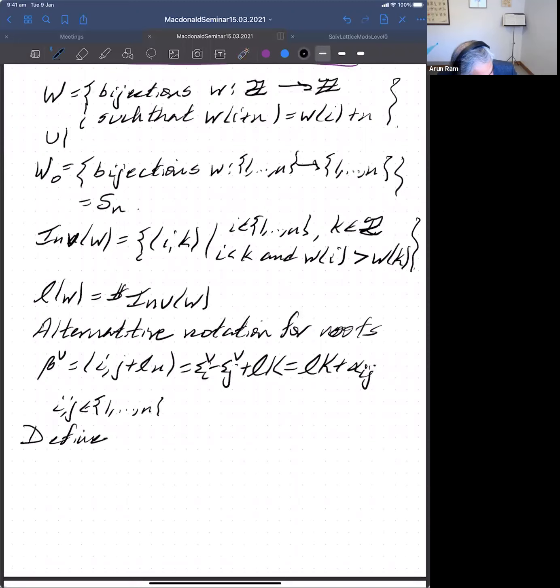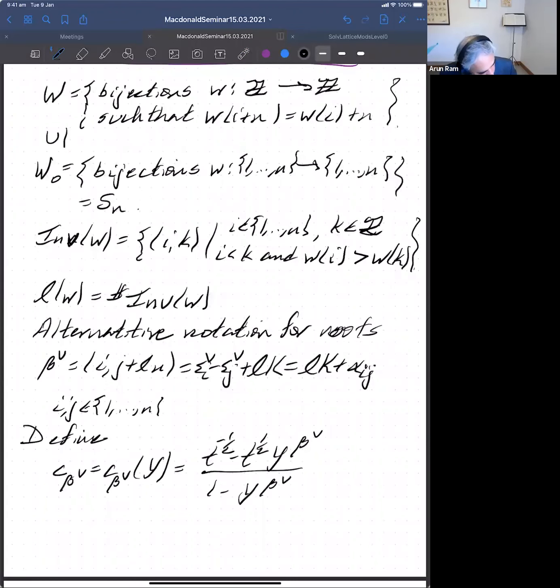So if I have a root beta check, the C function, which I call C beta of y, is t to the minus a half minus t to the 1/2 y to the beta check divided by 1 minus y to the beta check. Or we could write that out more combinatorially, if you like.